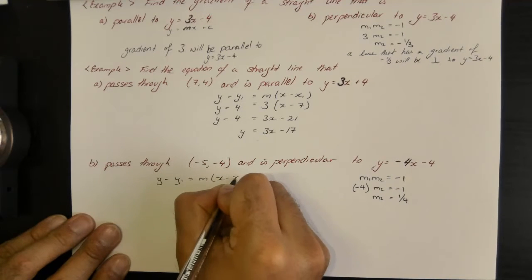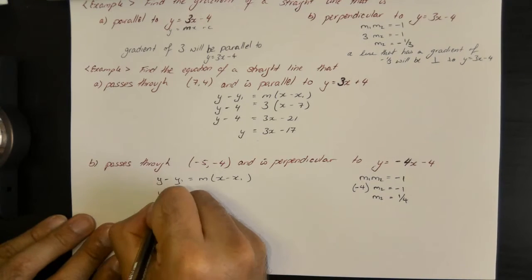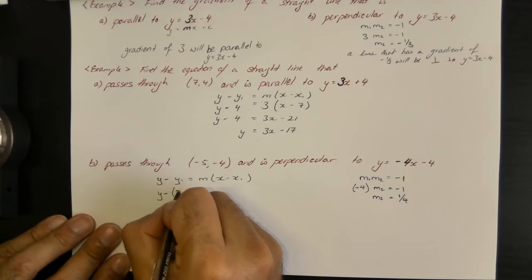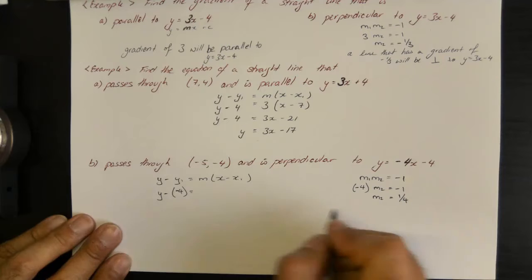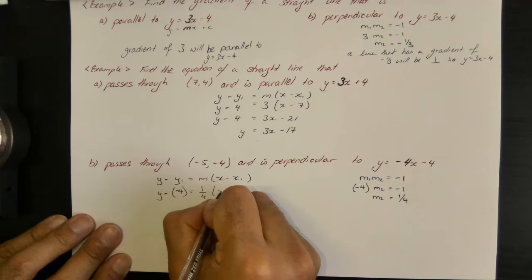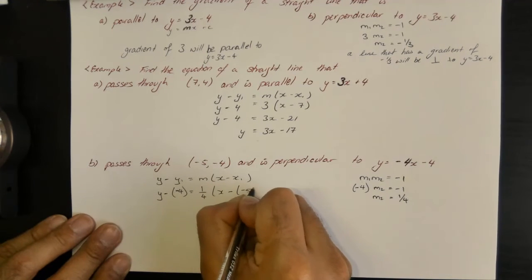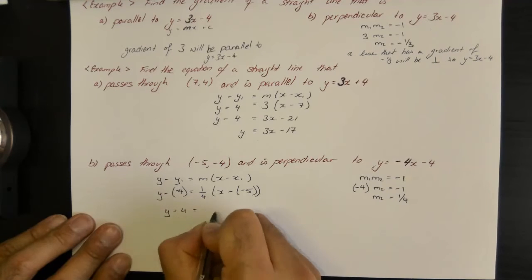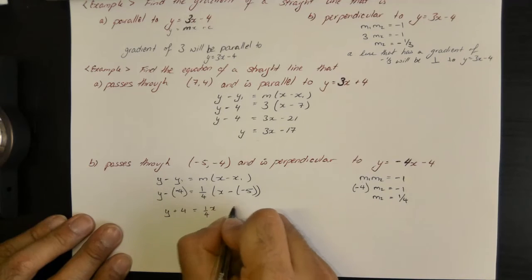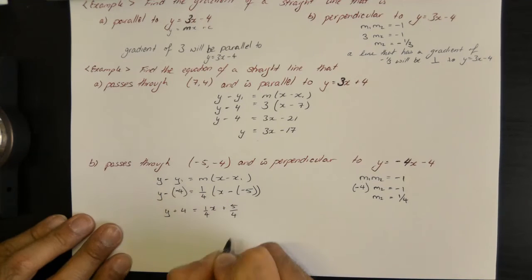I've got this point, and using my point-gradient formula, my y is -4, my gradient is 1/4 because I want it to be perpendicular, and my x value is -5. Cleaning this up, I get y plus 4 equals 1/4 x plus 5 over 4.